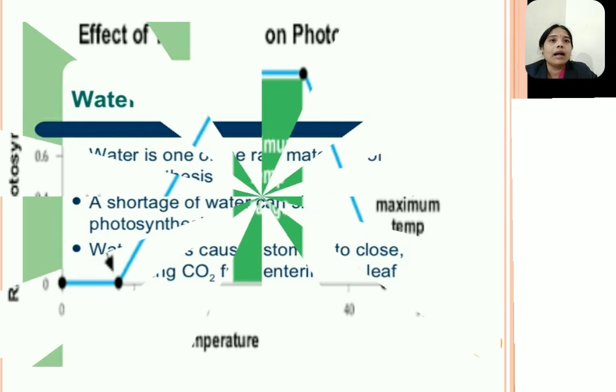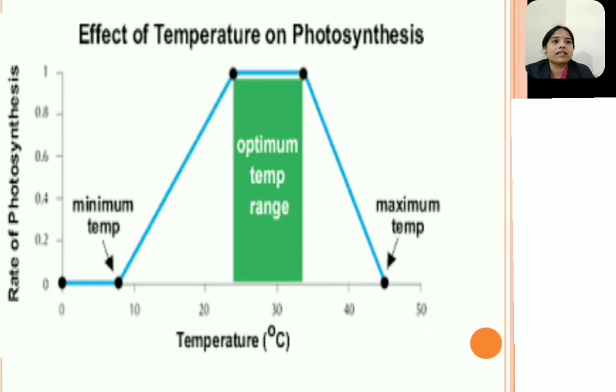Then after water, next is temperature. The optimum range of temperature for photosynthesis is 10 degrees centigrade to 35 degrees centigrade. The rate of photosynthesis increases with increase in temperature up to 40 degrees centigrade.